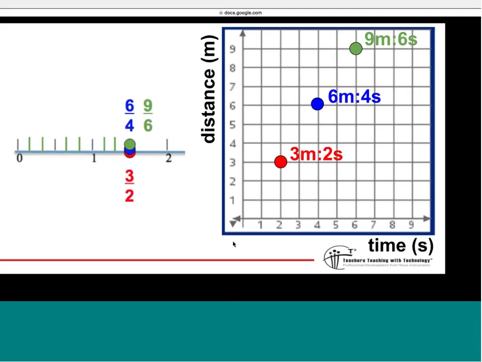So consider the plot of equivalent fractions on the left and the plot of equivalent ratios on the right. What do you observe about those relationships, especially as we think about this idea that fractions and ratios, while they have a lot of relationships, are not exactly the same thing, as we see illustrated here? So what do you observe about these relationships between equivalent fractions and equivalent ratios?